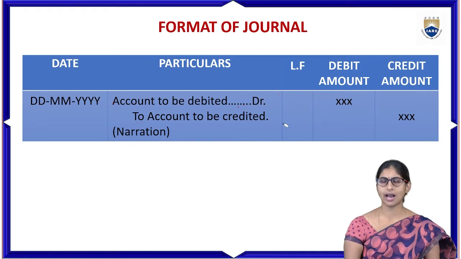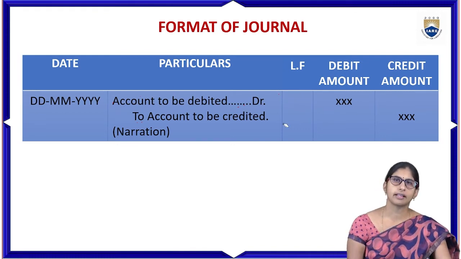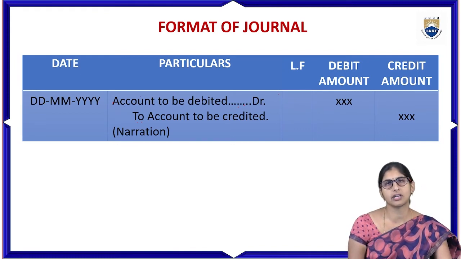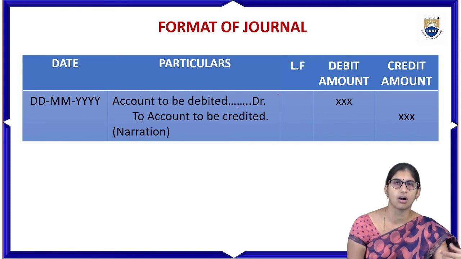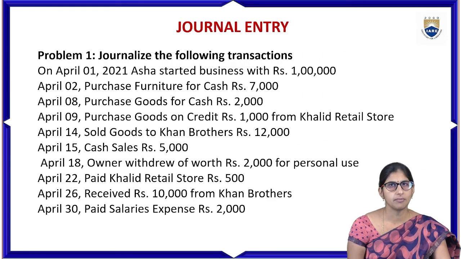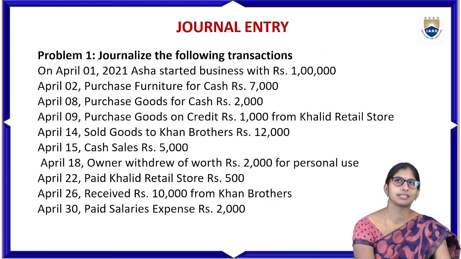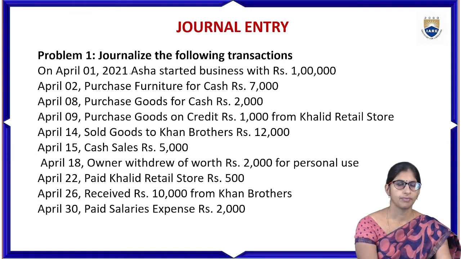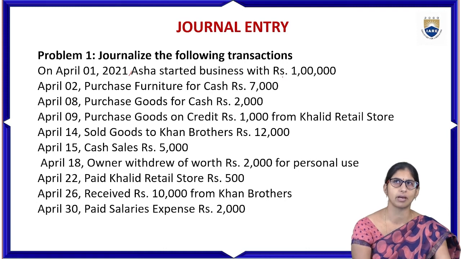So now let's start with a particular problem, and then we discuss each and every aspect and post and make entries of the journal. So now let's take a problem here. Here the problem is: journalize the following transactions. So on 1st April 2021, Asha has started business with cash, that is 1 lakh.